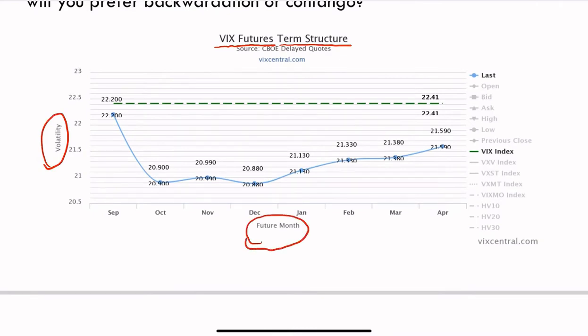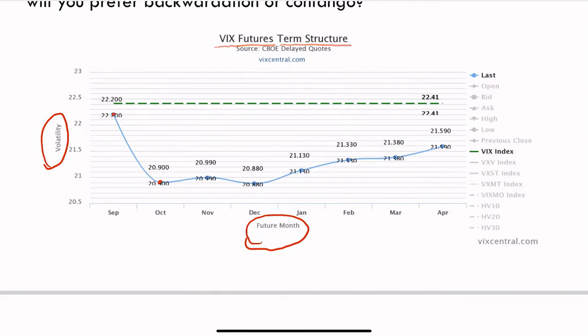The future month essentially refers to its maturity month. For example, this one has a maturity month of October. This one has a maturity month of September. So again, term structure here means the relationship between volatility and maturity month.